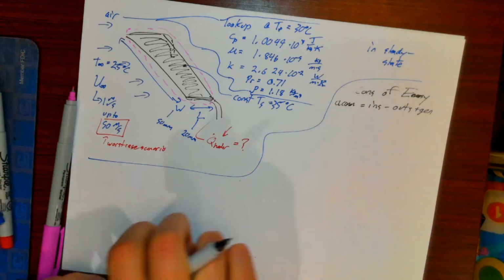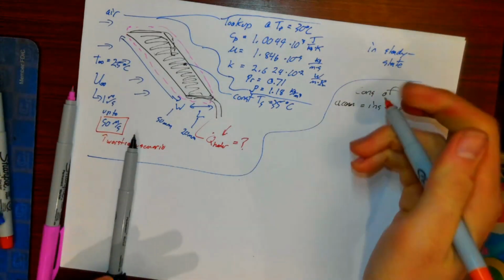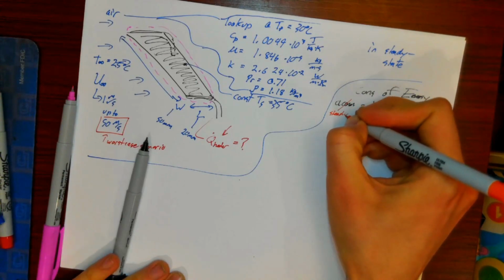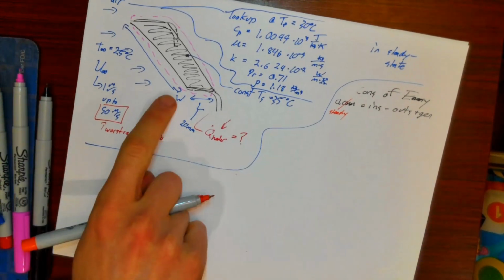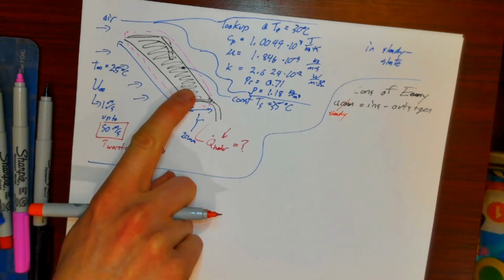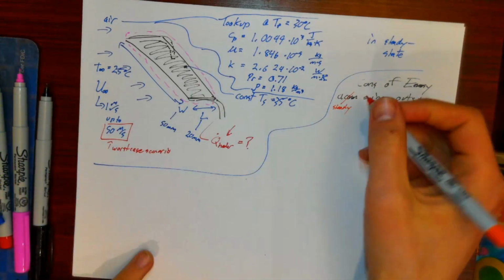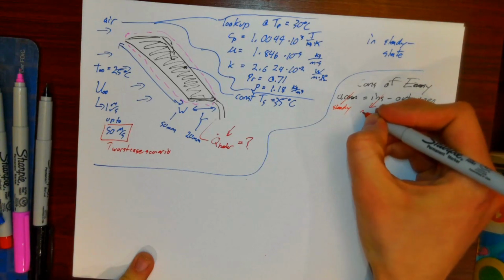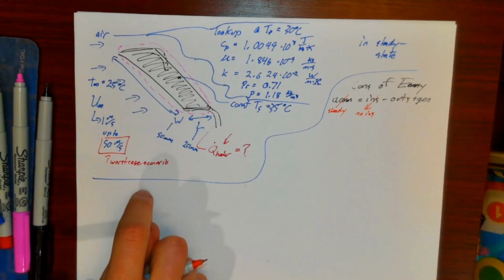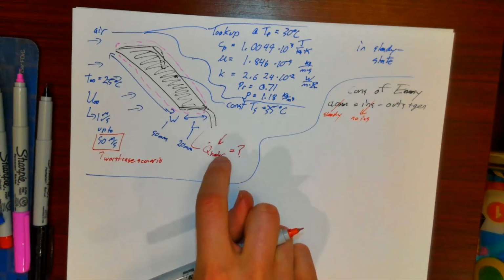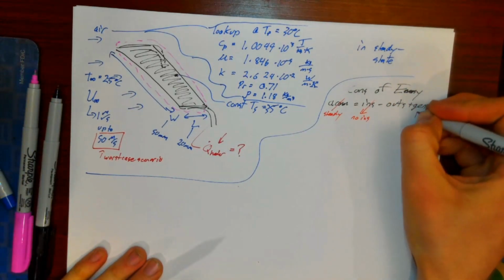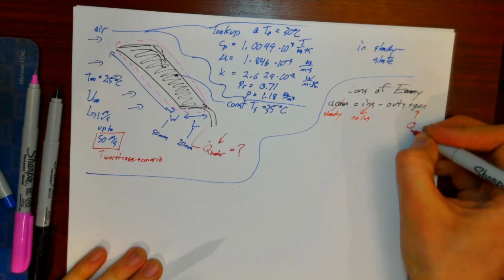If we're in steady state, then we're not going to have any accumulation term. Heat convection is defined from the solid surface to the fluid around it, so we're not going to have any ins. The outs is going to be convection here, and the generation is what's going to be our Q dot heater here.